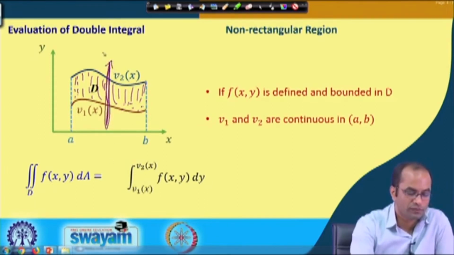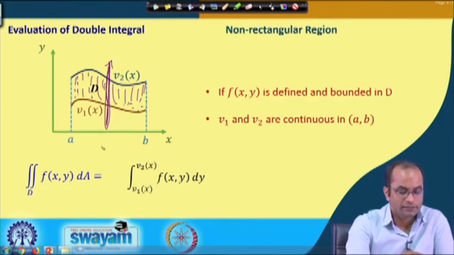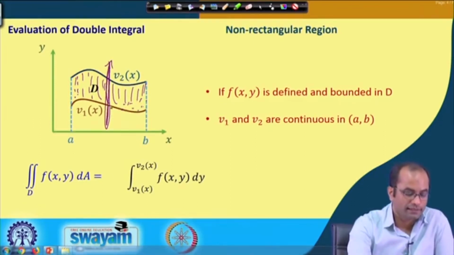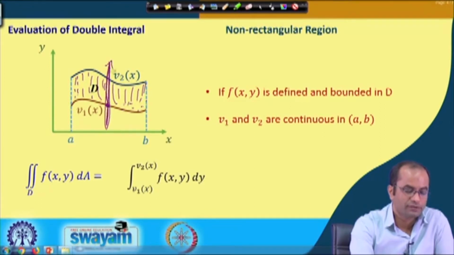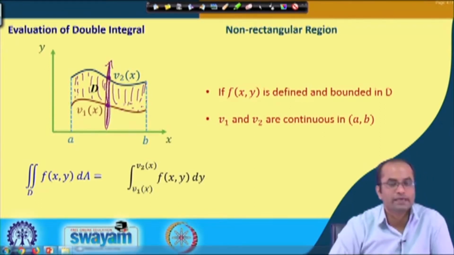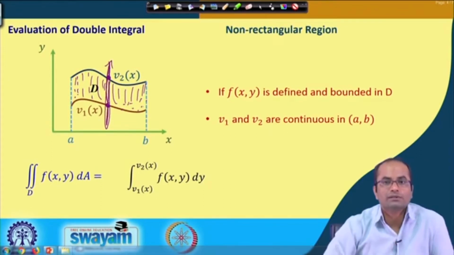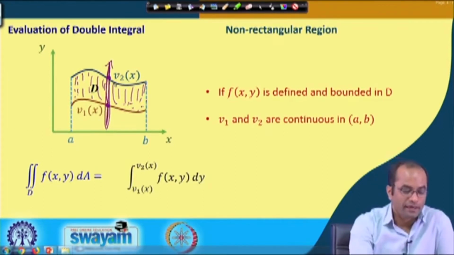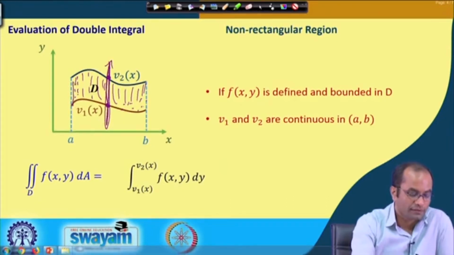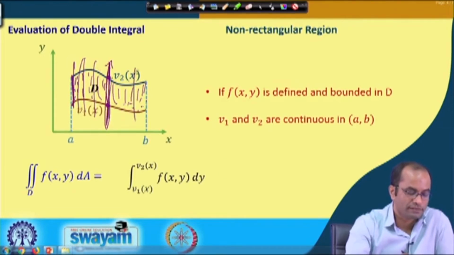With respect to y, draw a line parallel to y, and we see that this line enters at v1(x) and goes out at v2(x). These are the limits in the direction of y, and such lines go from x equal to a everywhere up to x equal to b.